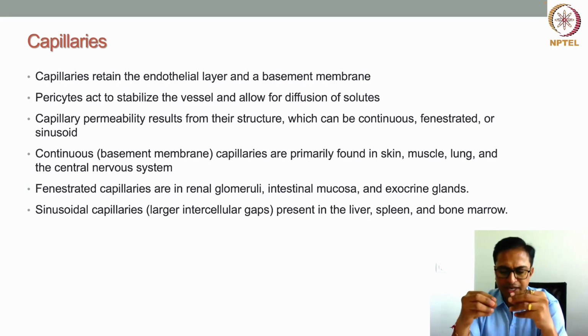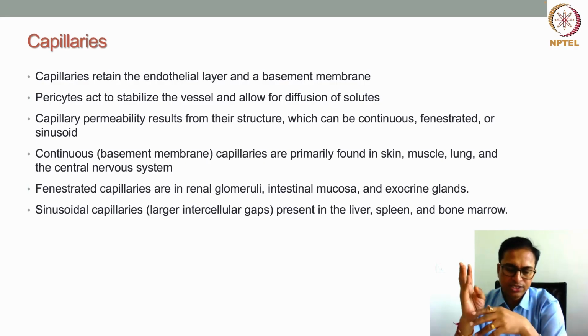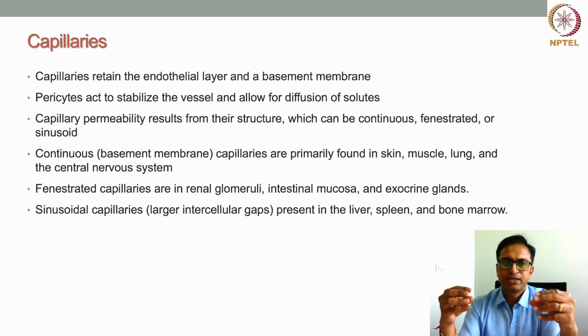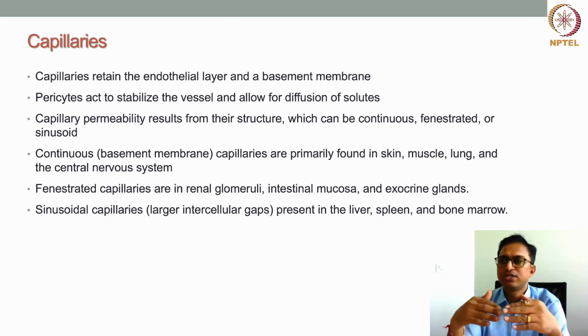So in the capillary, all three layers, tunica intima, tunica media, and tunica externa, are not present. The endothelial layer is present, and on top of that the basement membrane, and pericyte cells are also attached to that basement membrane. The function of the pericytes is to stabilize the vessel, and it also allows the diffusion of solutes from the vessel to the nearby cells and tissues.